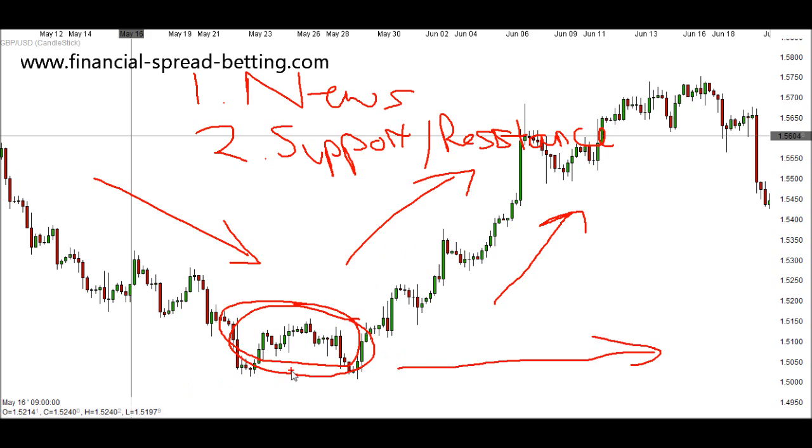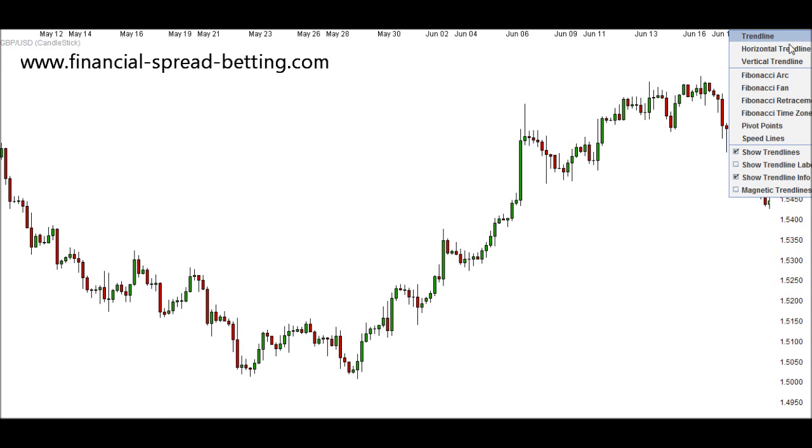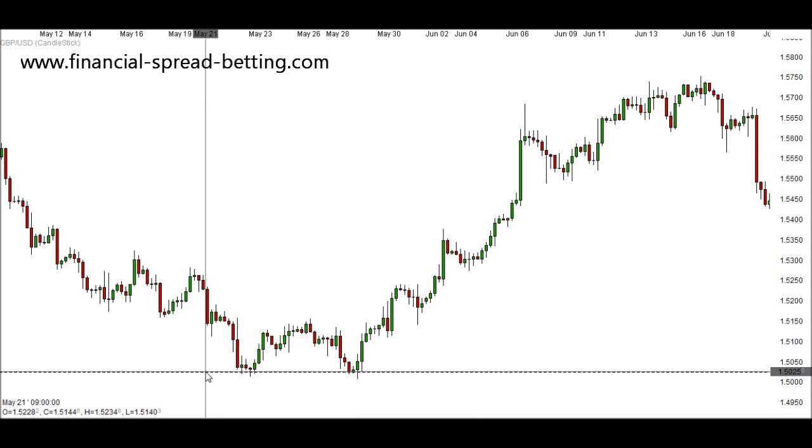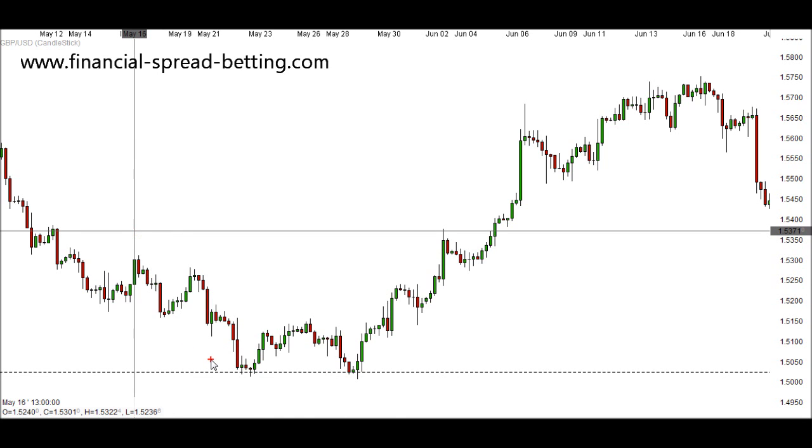And traders use these levels of support and resistance in their trading. So if we mark this area where price reversed, so here's our support area, price reached this area down here, came up, came back down, reached this area again, and then went on an uptrend.